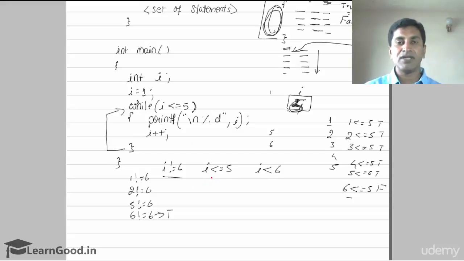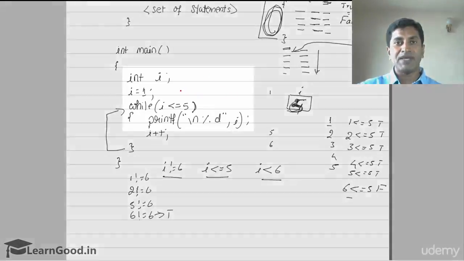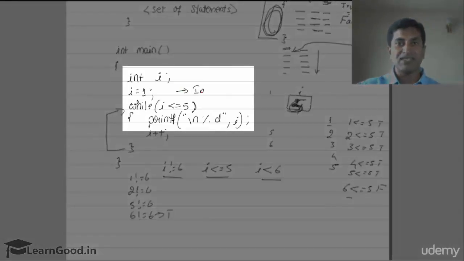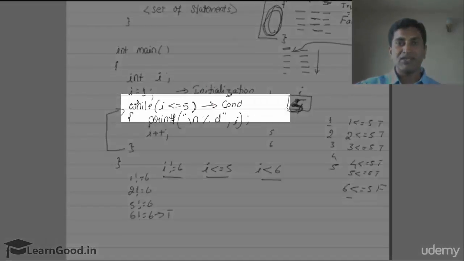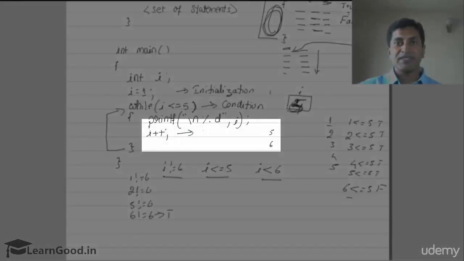So any one of these conditions can be given. That is I is not equal to 6, I is less than or equal to 5, or I less than 6. Now every loop program will have three main parts. First one is an initialization. This initialization is important. And then after initialization, what has to be the condition? Third one is going to be this.